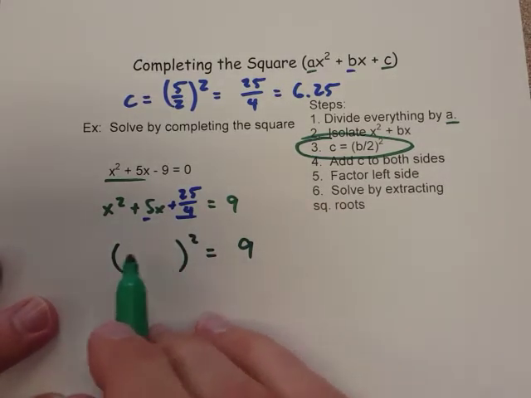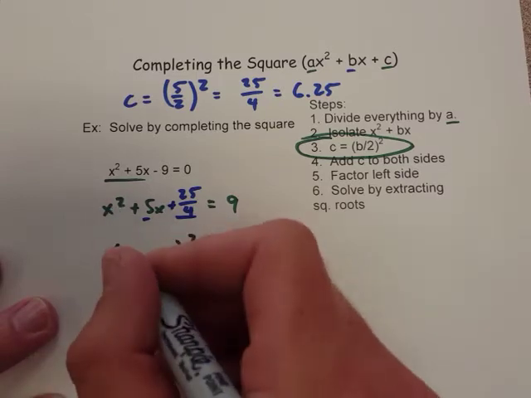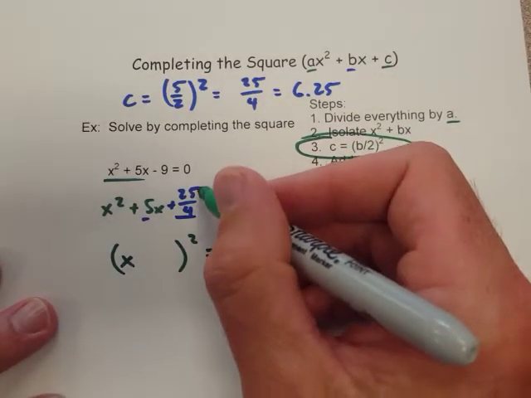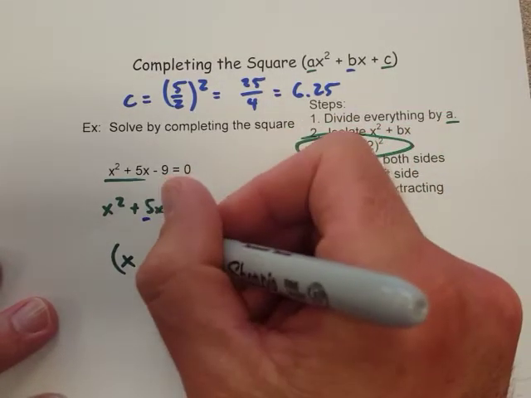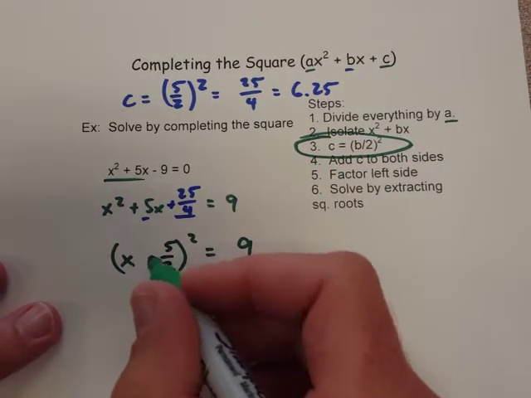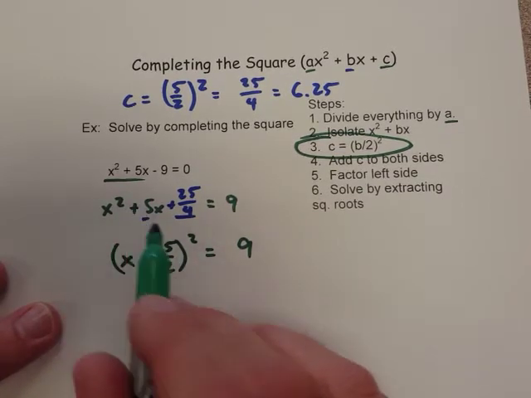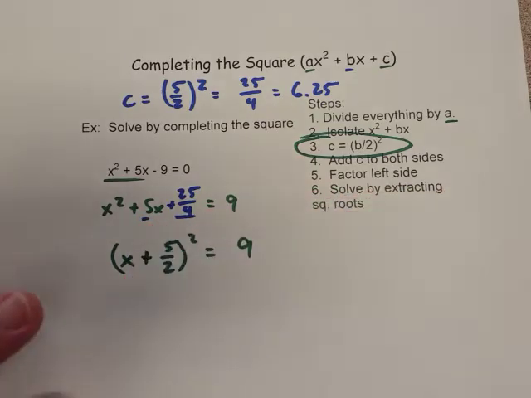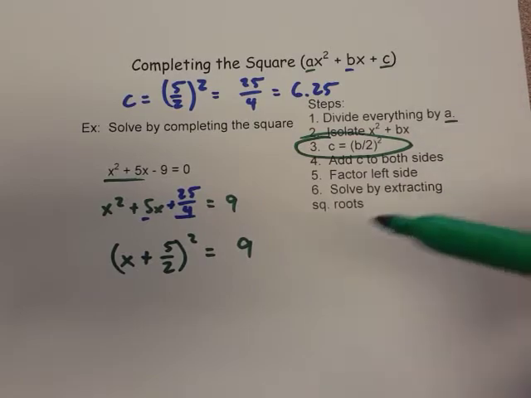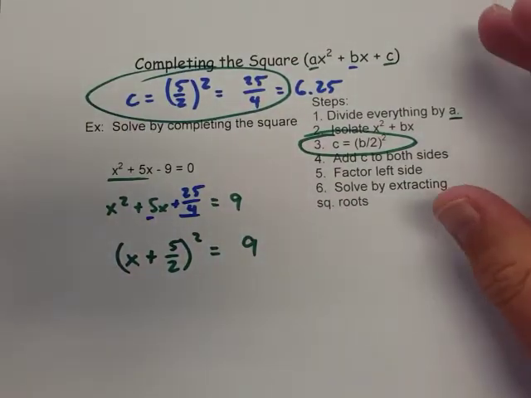And the way that we fill this in is we think about this first one. Square root of x squared is x. And so we're going to put that in here. Square root of 25 over 4 is 5 halves. What goes in between is the plus or the minus, whatever is the sign represented in the middle. Now that might seem like it's kind of just this magical method, but it works because of the way that we use this c equation up here.